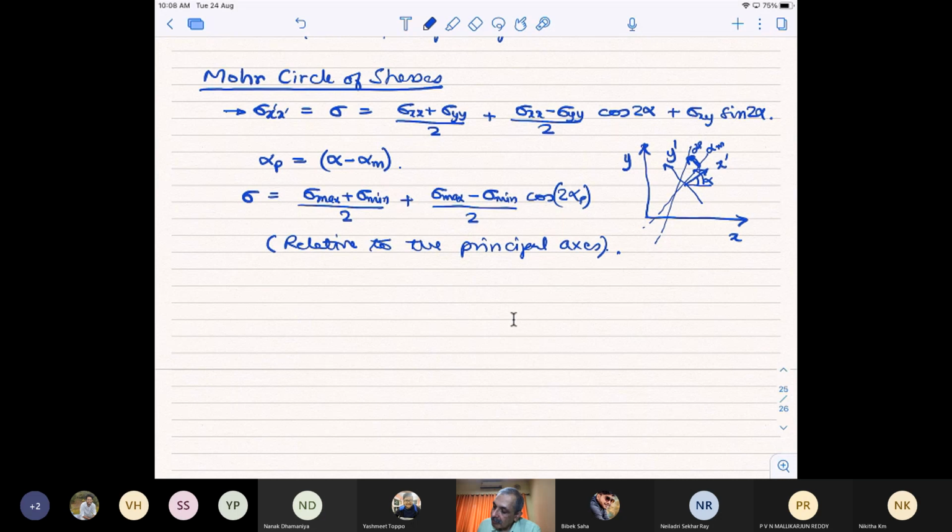So this equation is exactly the same thing. All we are doing is we are writing it relative to the principal axis. So we have just defined a new angle here like this, and then the normal stress is just given by this.